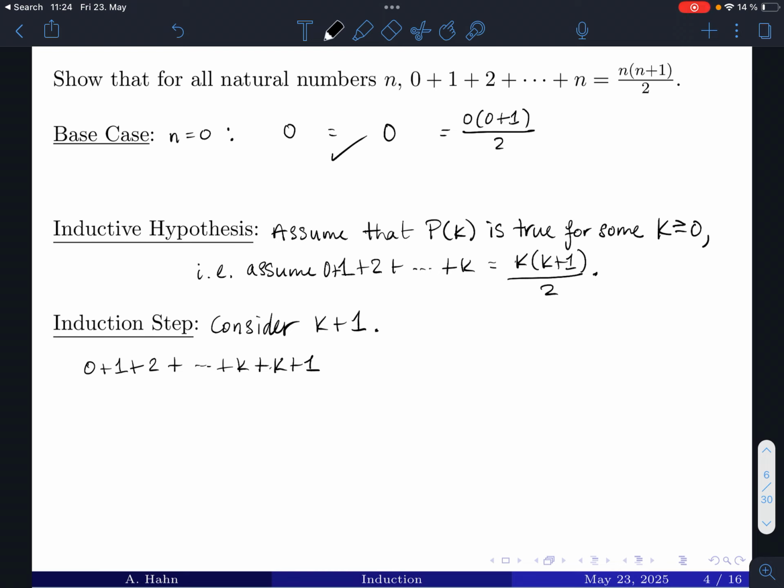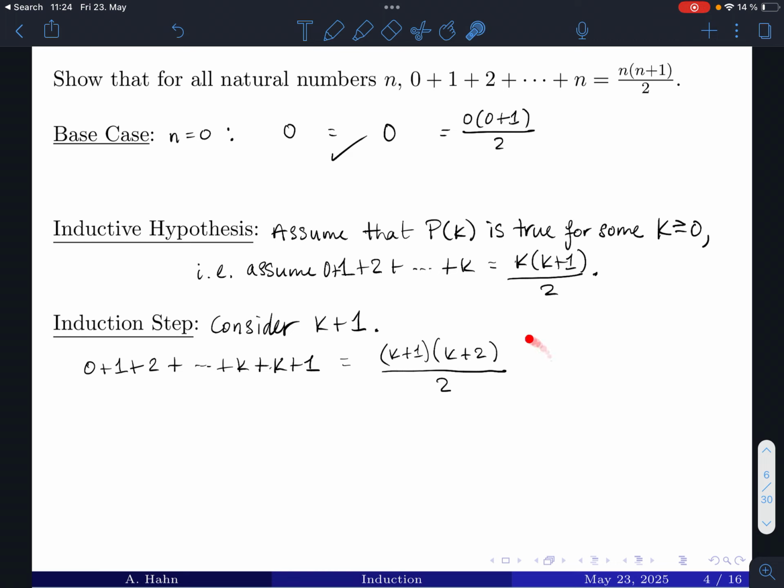And what we want to eventually end up with is the right-hand side of the predicate where we substitute in k plus 1. So we want to end up with k plus 1 times k plus 1 plus 1, which is k plus 2, divided by 2. But we can't write this down immediately.